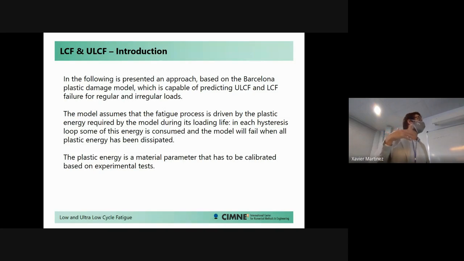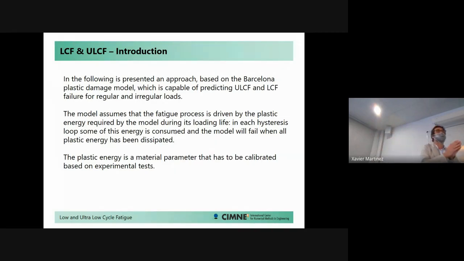Now, I'm proposing you to solve this problem. What we've done is modify an already existing plastic damage model, the Barcelona plastic damage model, in order to be able to take into account ultra low cycle fatigue. And how is this done? This Barcelona plastic damage model takes into account the plastic energy that is consumed by the material during the evolution of the plasticity.